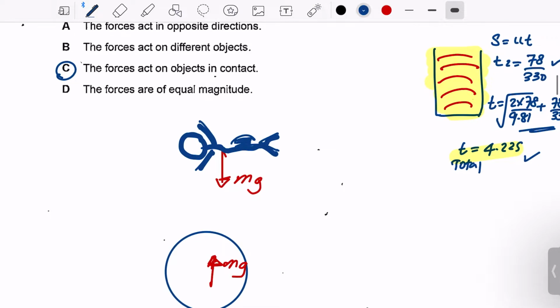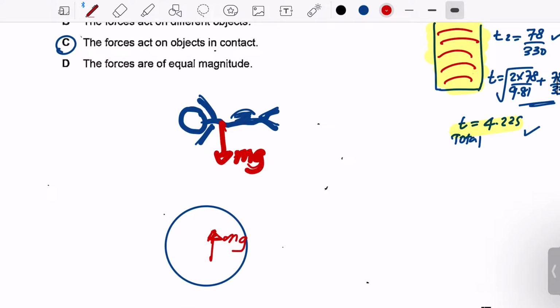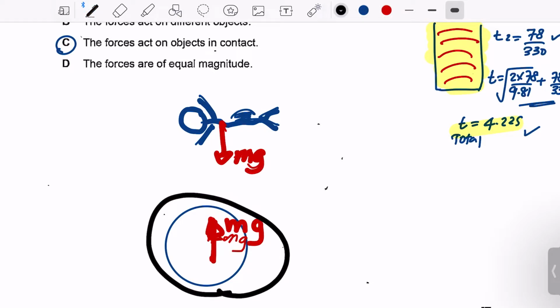He has weight or gravitational force acting on him. And what we don't realize is there's the same force of mg or weight on the earth. Now you can ask, if there is mg force, why is the earth not moving? Because the earth is so heavy and big and has such a high inertia, it will not move with this force. But the man is falling because of that force.